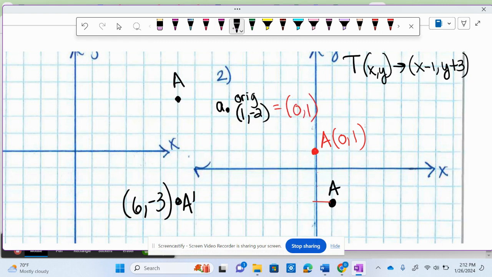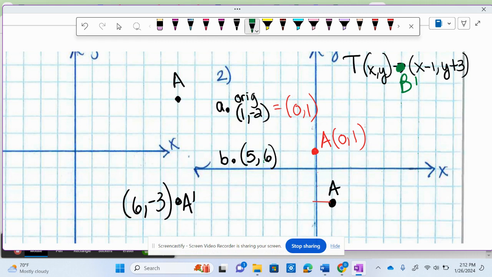Question little b says, what is the pre-image of this point? This is point B prime.